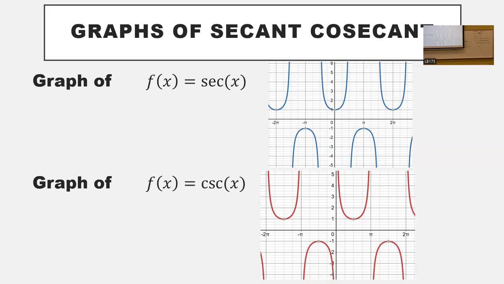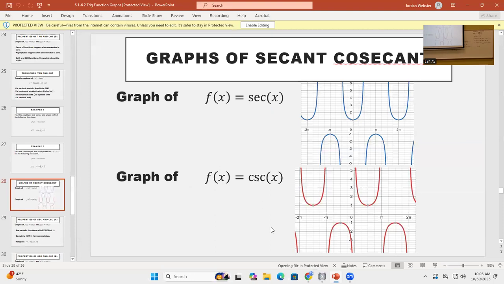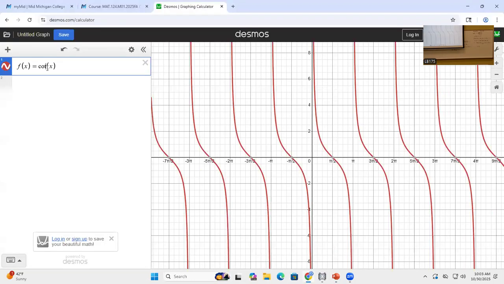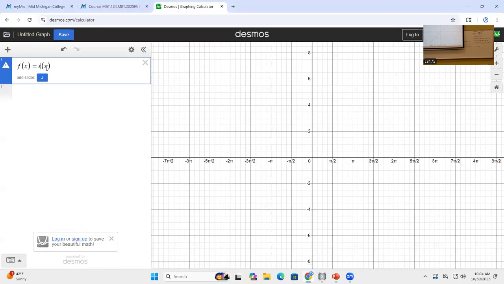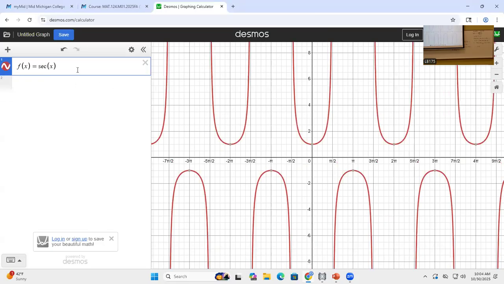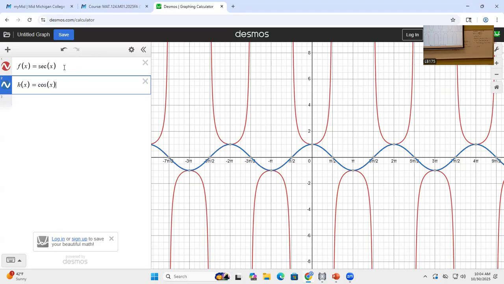By the way, let's just do a secant and let's compare that to cosine. See what's happening here? Cosine oscillates back and forth between -1 and 1.